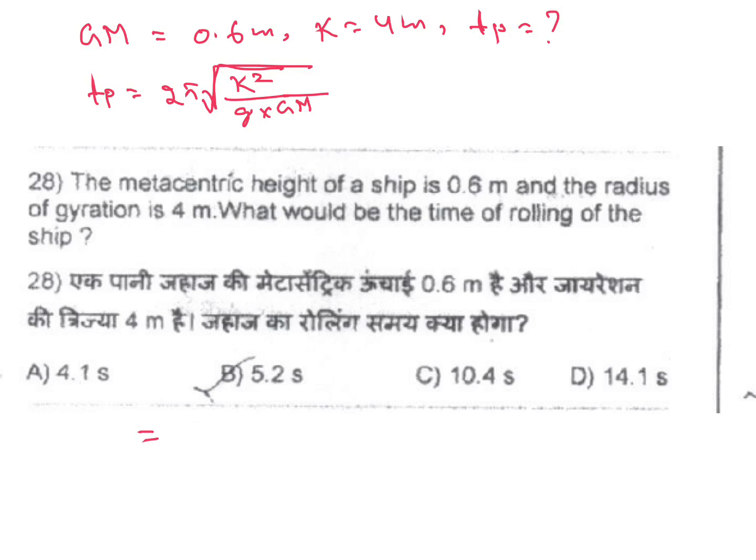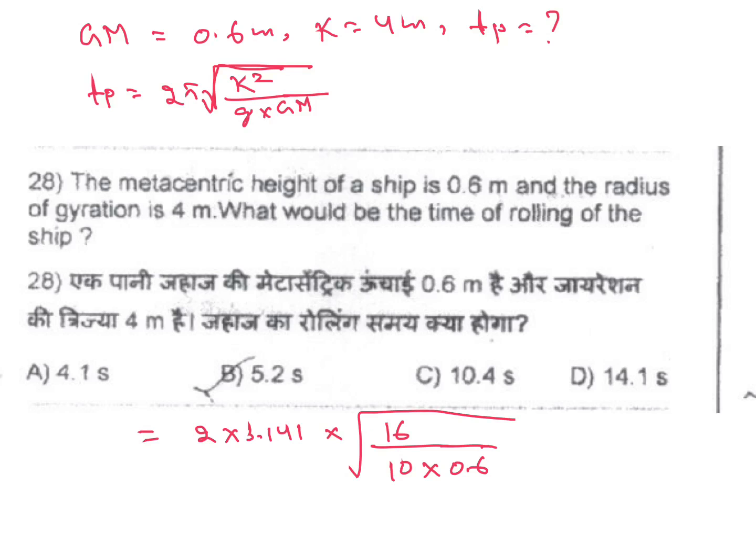2 into 3.141 into K is 4, 4 square is 16 divided by, let g be 10, 10 into 0.6, GM is 0.6, then root over.